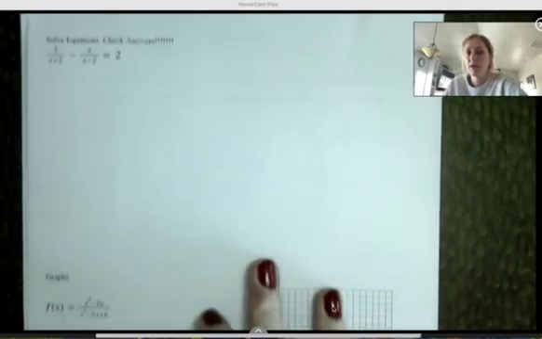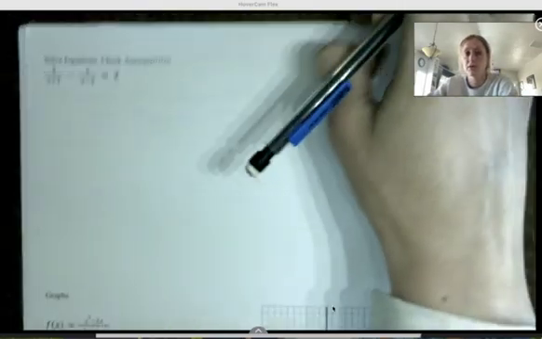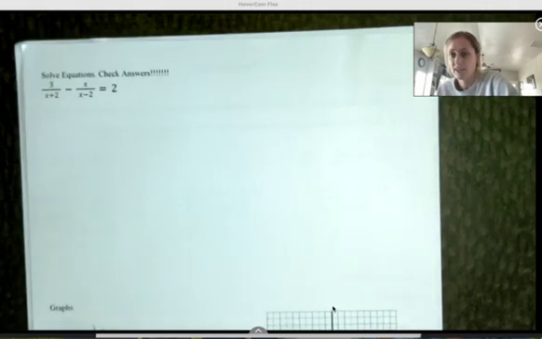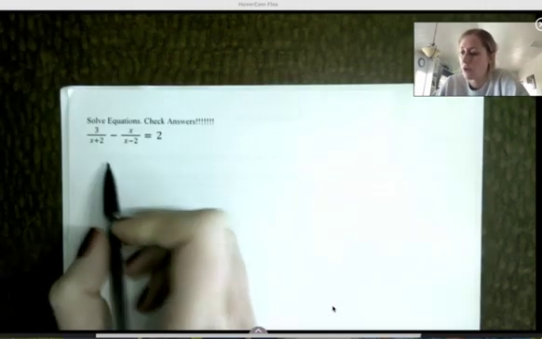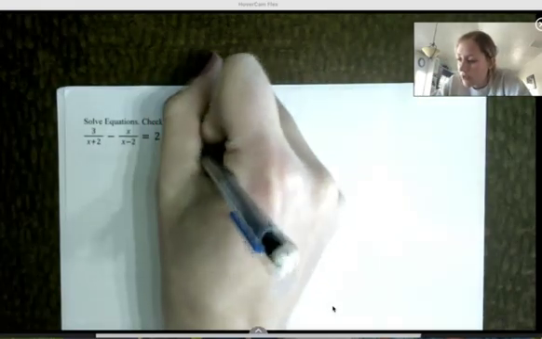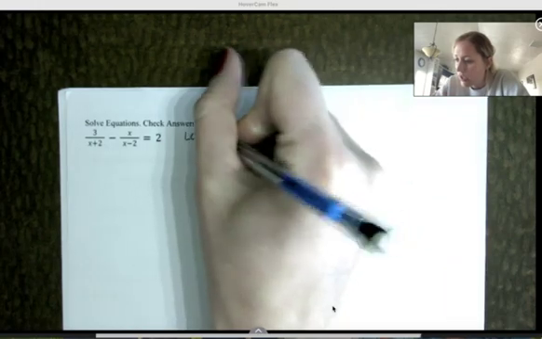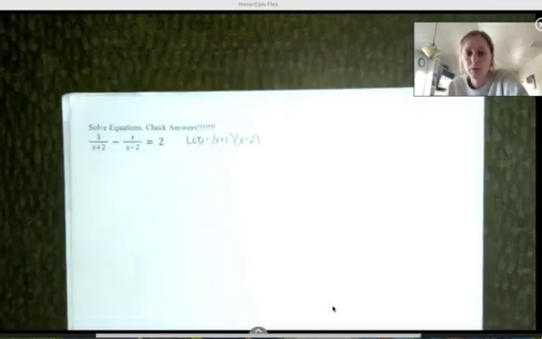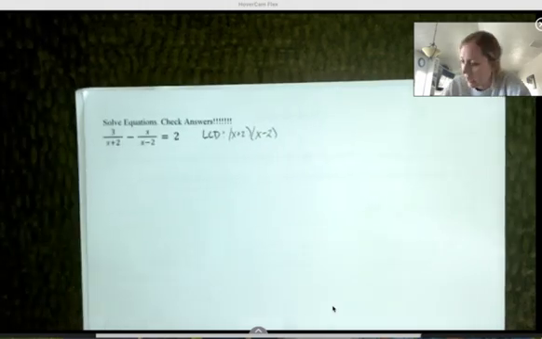Okay, now if we are asked to solve, there's going to be an equal sign. It's really important that we check answers so that I'm not providing extraneous solutions. So this is where I want to multiply by my LCD. My LCD here is x plus 2, x minus 2. So we're going to multiply every single thing by that.